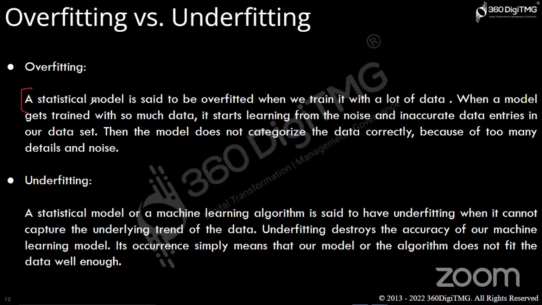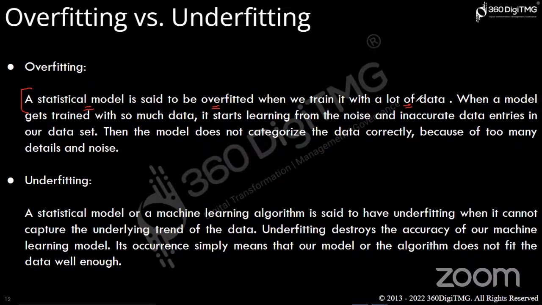Overfitting is when a statistical model has been overfitted. We see the overfitted condition when we train it with a lot of data. When a model gets trained with so much data, it starts learning from the noise and inaccurate data entries in our data set. We are just dumping the whole data without treating it.